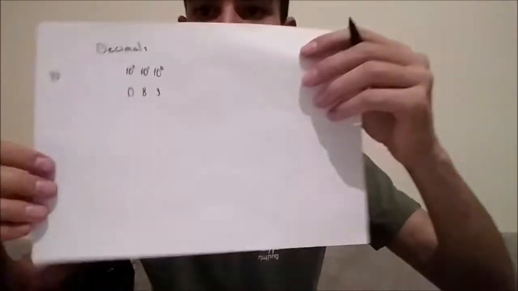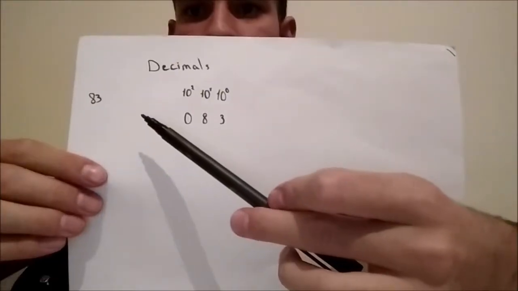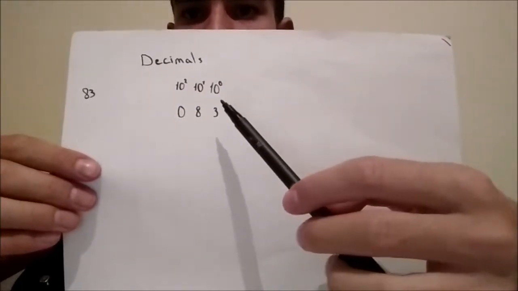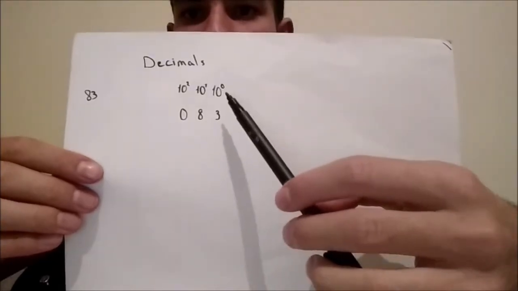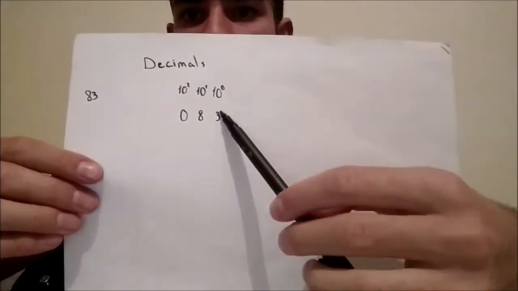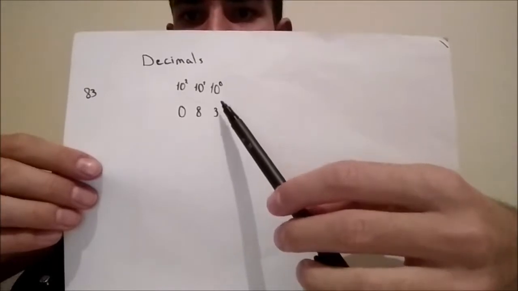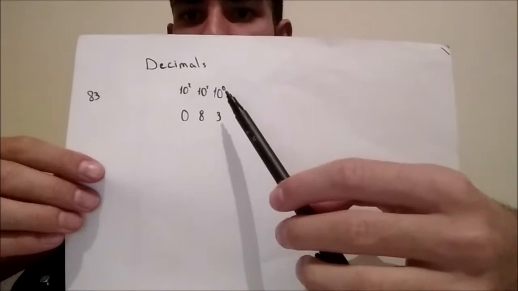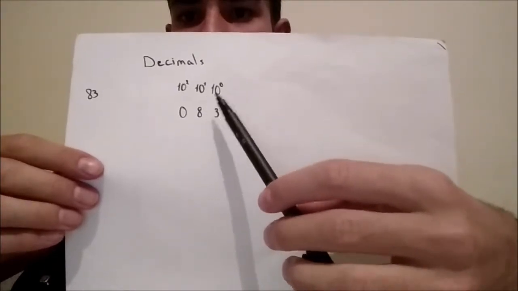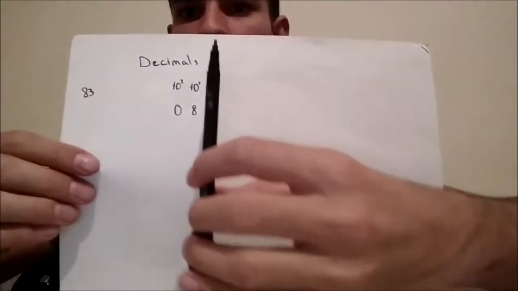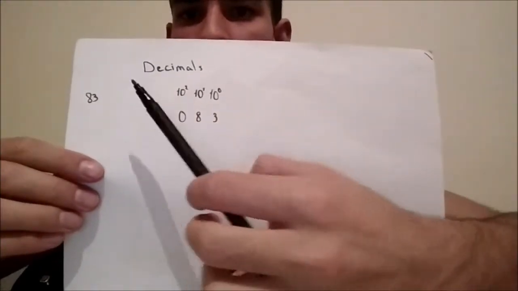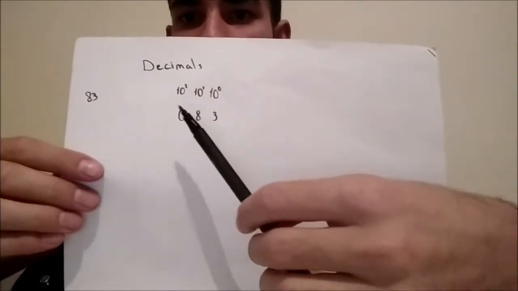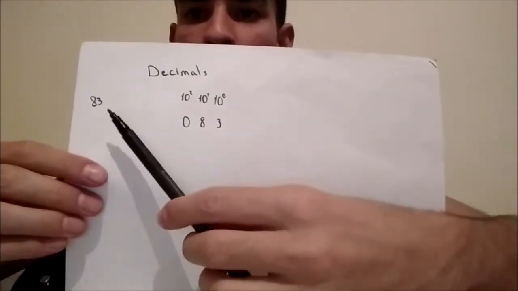So as you can see here, 83 is represented as 10 to the power of 0 times 3 plus, let's consider that there is a times sign between 3 and 10 to the power of number, and a plus sign between these lines, okay? And if we multiply and add, we will eventually get 83.